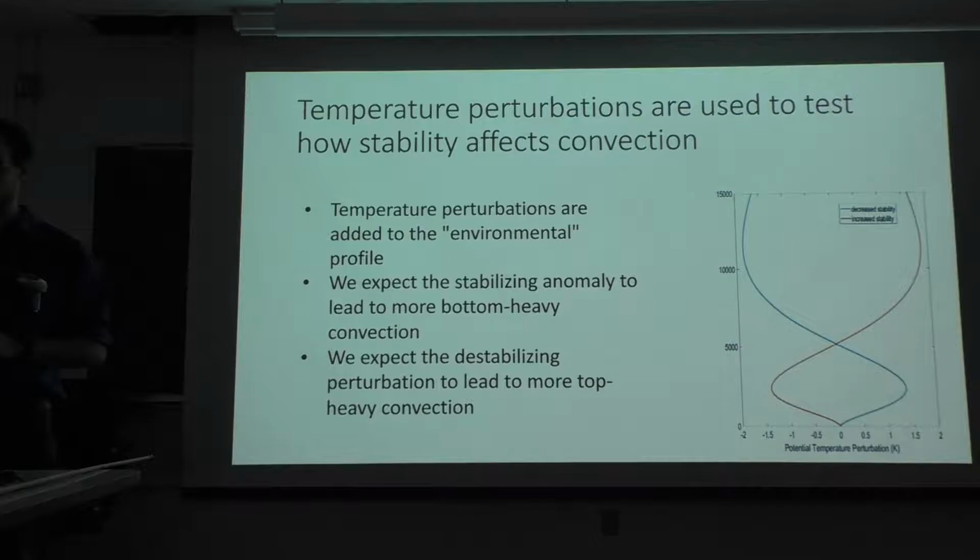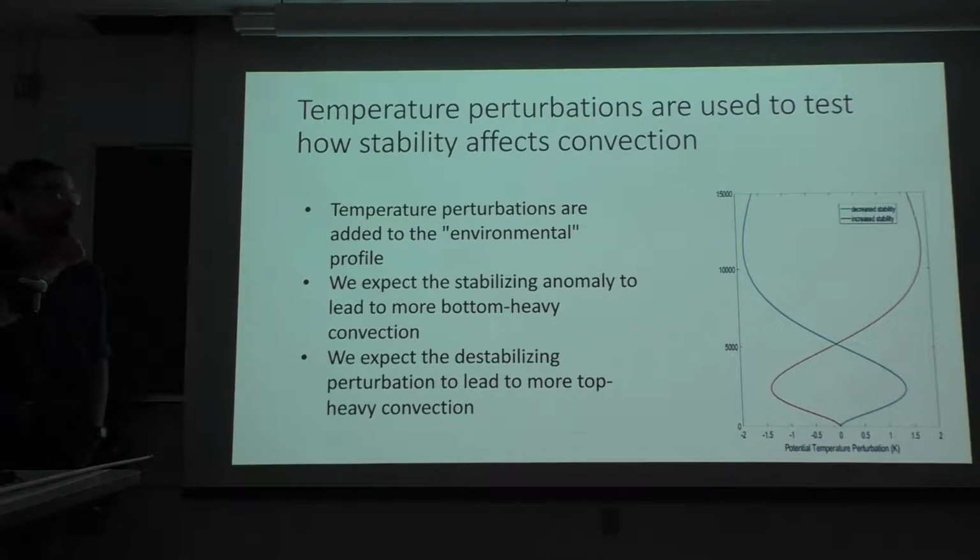In order to break out of that and actually study convection, we have two different temperature perturbations, which are intended to study the effects of both stabilizing and destabilizing the environment. These are the same temperature perturbations that were seen previously. We also have several different moisture perturbations.